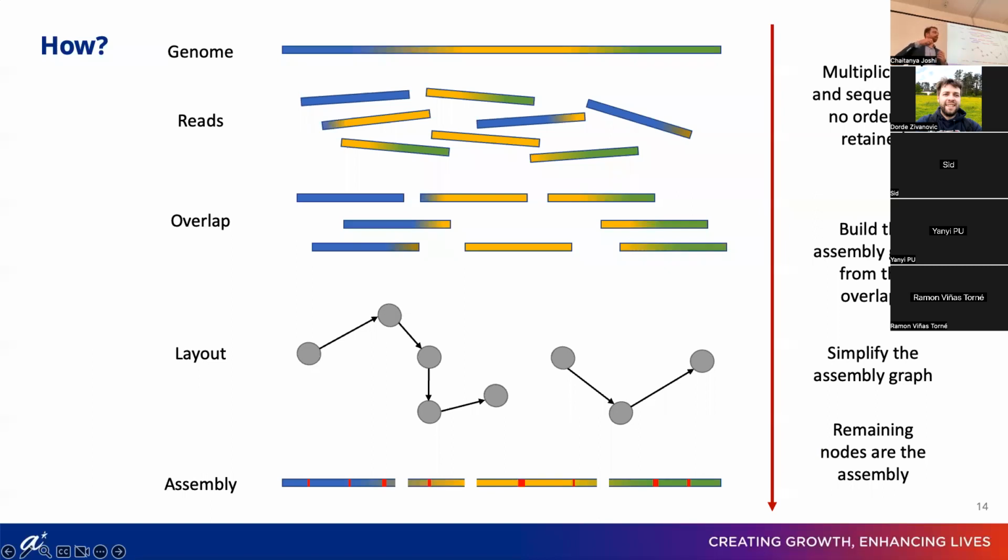These paths can then be translated into genomic sequences, and that is your assembled genome, which, if you have a reference genome, you can compare with your ground truth. If not, this is the best you can get. There are some additional techniques that try to bridge these gaps, but in some cases, this is what you have.